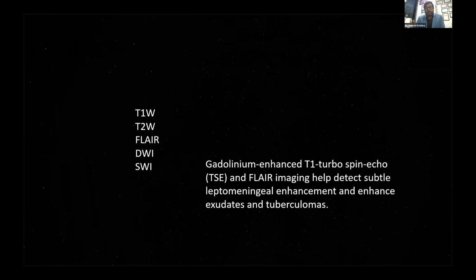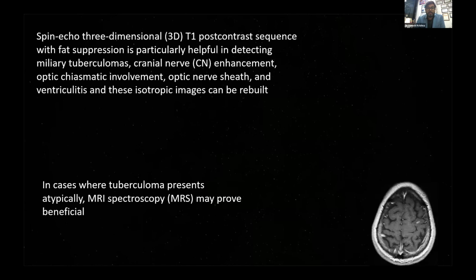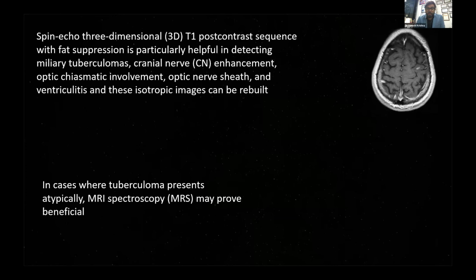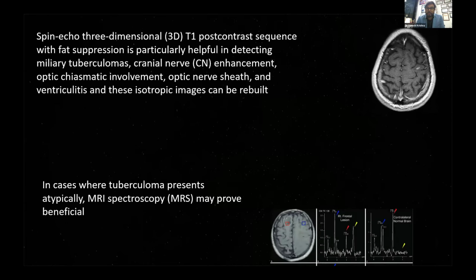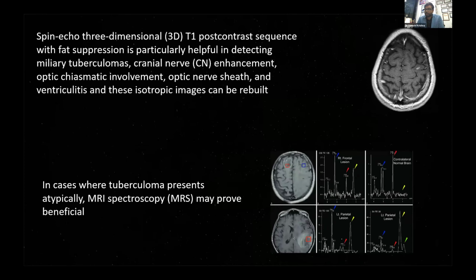And we get a gadolinium enhanced T1 and FLAIR imaging. They help detect subtle leptomeningeal enhancement and also enhancing exudates and tuberculomas. 3D sequences are for cranial nerve involvement, and where a tuberculoma presents atypically and you are confused between abscess and other patterns, then we get an MRS to prove which is more beneficial.